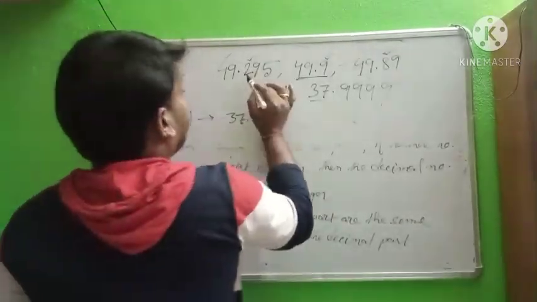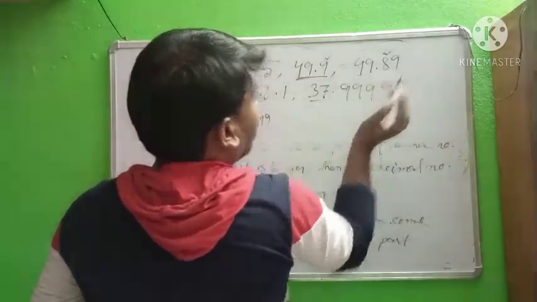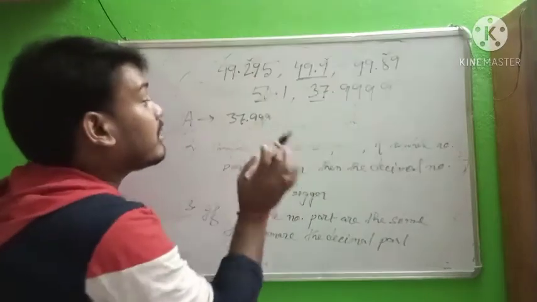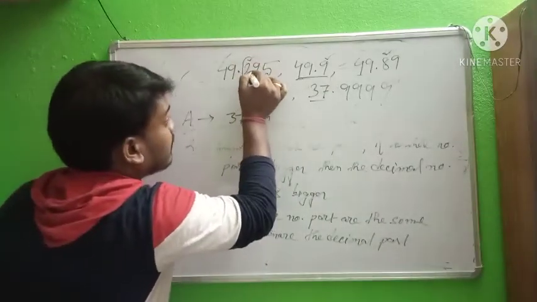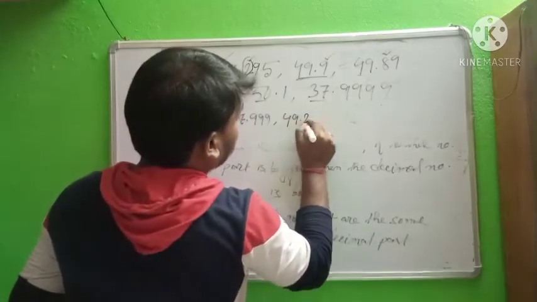So compare which digit is smaller. This digit is smaller, so 49.295 is smaller.